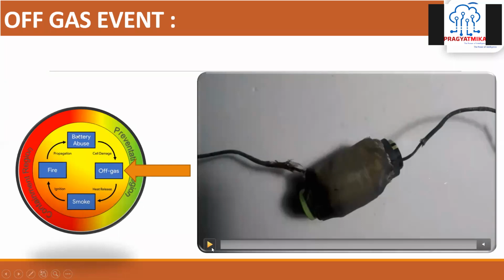Just see this video of what happens if we don't have gas detection. So this is an LFP chemistry cell, and this is the cell capping. Excess charging could be done, and just after that, the excess bulging of the gases would lead to the breakage of this cell capping. And just see over here, there are some materials.